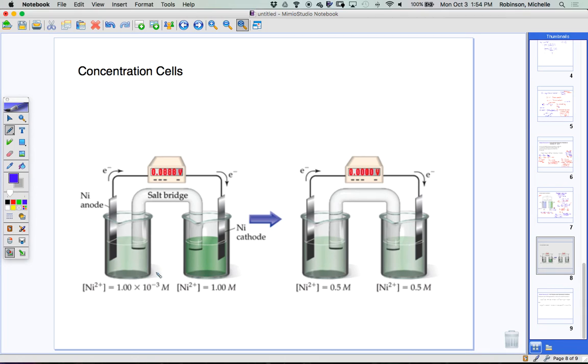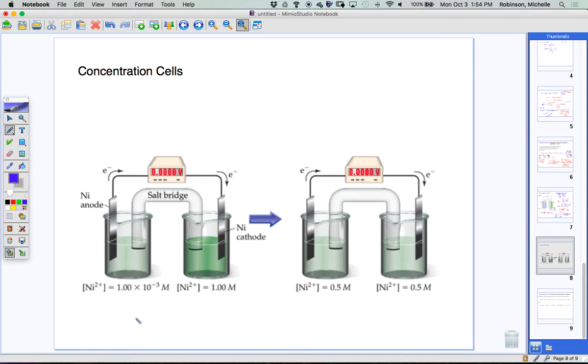In this case, there's nickel and a nickel solution, and I get a voltage, but it's because they have two different concentrations. When those two concentrations become the same for the same element, you get no voltage. Eventually it will go to 0, but initially, while the concentrations are different, you will get a voltage.